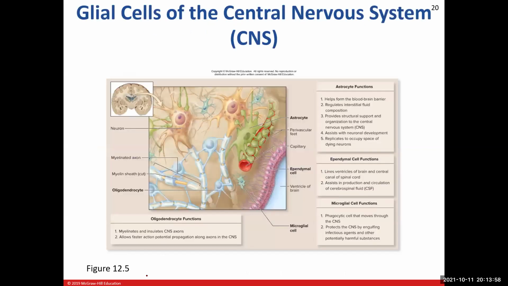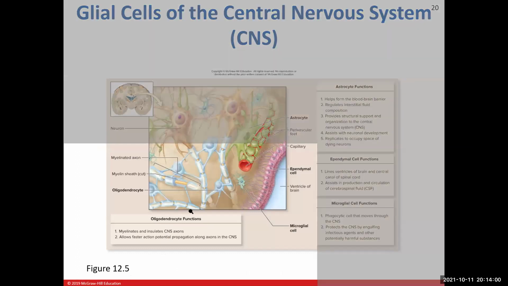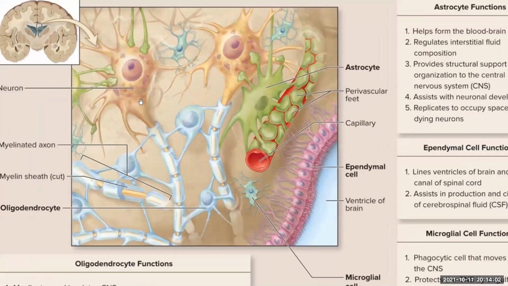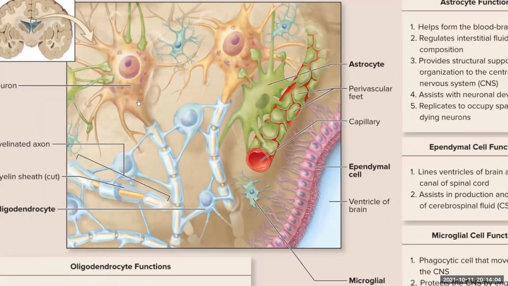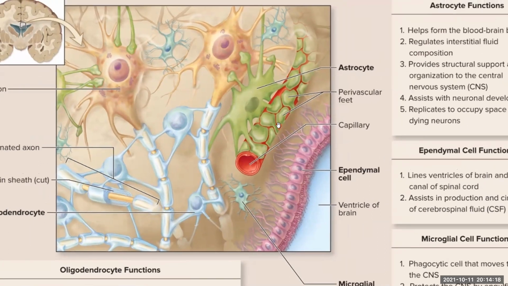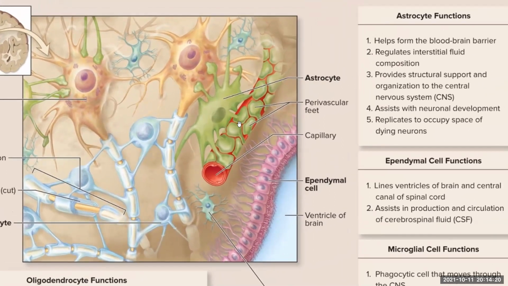Great picture here. It shows you all the different cell types. It's pretty easy to figure out where the neurons are. So you can see here the neurons. Here are our astrocytes, star-shaped cells with these processes coming off. And you can see when these processes come in contact with the capillary here, it's going to regulate what can leave the capillary and enter into the nervous tissue here.